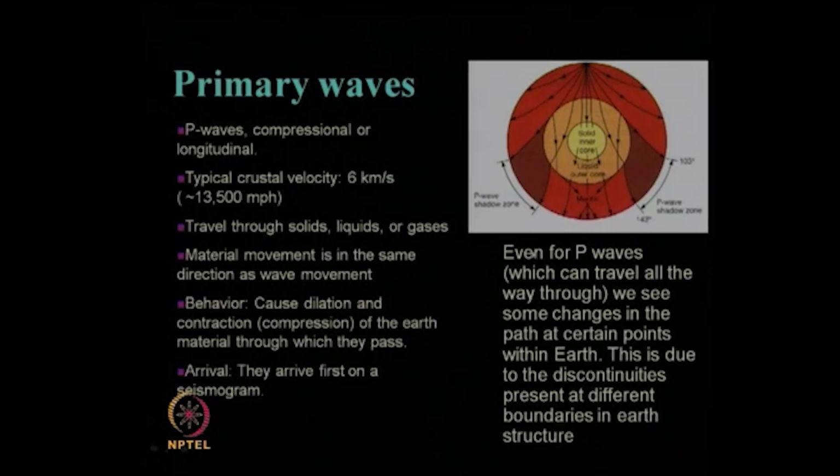You can see from this picture clearly that an earthquake that occurred at this point of the earth can get recorded by the seismographs located at this point, this point, this point, all over the earth. That is the reason why I was mentioning that during an earthquake, when the seismic waves travel through various layers of the earth, they get recorded at different parts of the world.